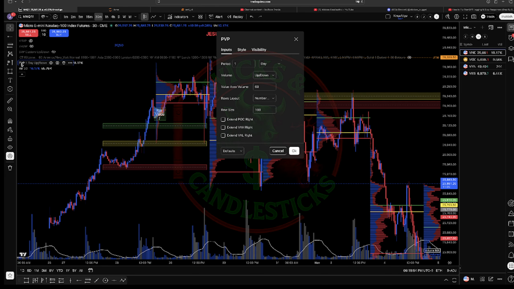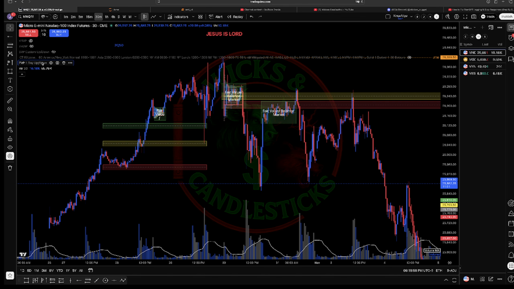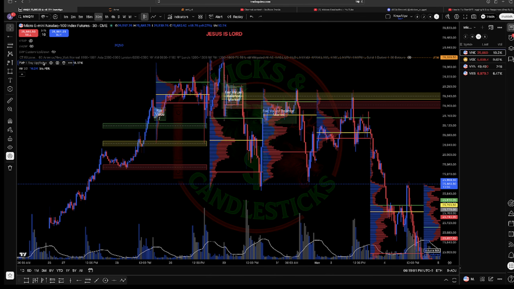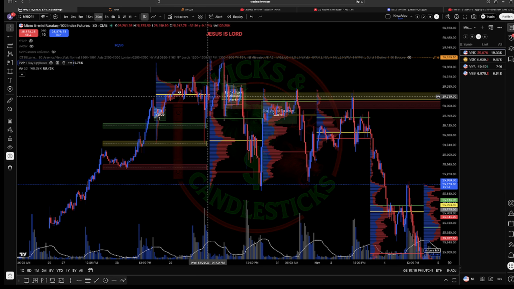This one right here is a little bit different from the session profile because on here you can have more periods. You can go by the bar, the minute, the hour, the day, the week, and the month. I am pulling a blank. What is this one called?